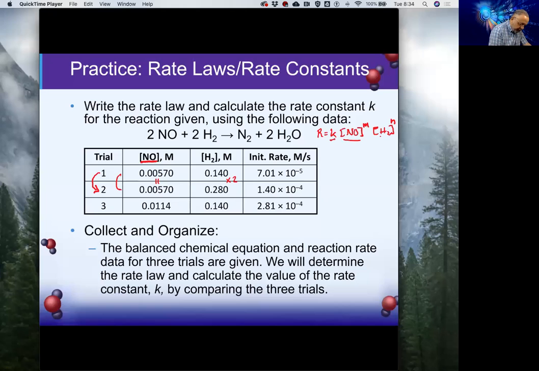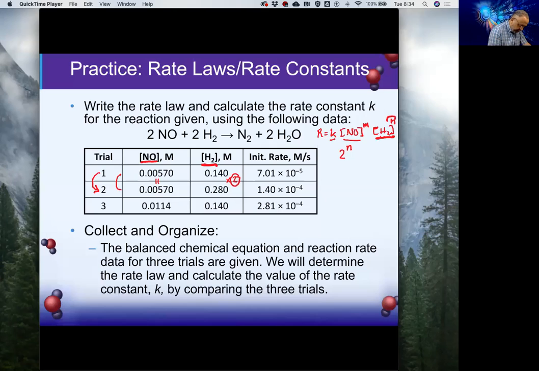So the difference between rate 1 and rate 2 is going to be 2 to the power of n, where 2 comes from this factor here, and n is the exponent for the hydrogen. So I'm looking at hydrogen here, and looking at the exponent, which is n. So 2 to the n, and then I'm going to look in here and see what effect that doubling of the concentration of hydrogen has on the initial rate.